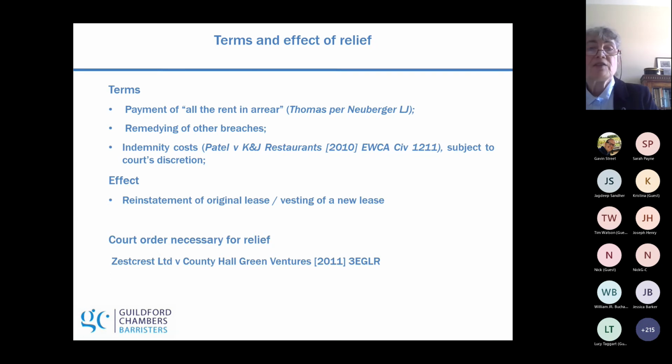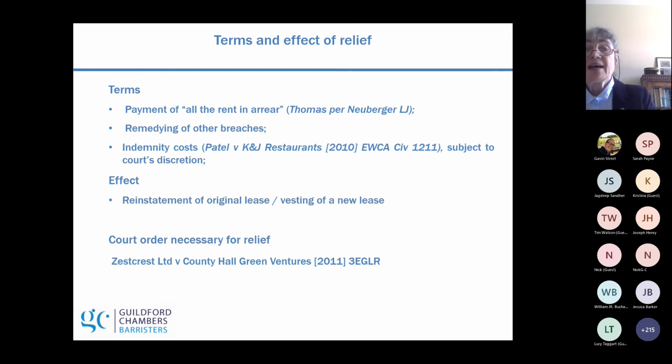Now, I have already touched on the remedying of other breaches of covenant, but I should briefly consider costs on relief. Putting the landlord back in his previous position as if no breach had occurred will mean that the tenant is required to pay the landlord's costs of the forfeiture action and the application for relief.